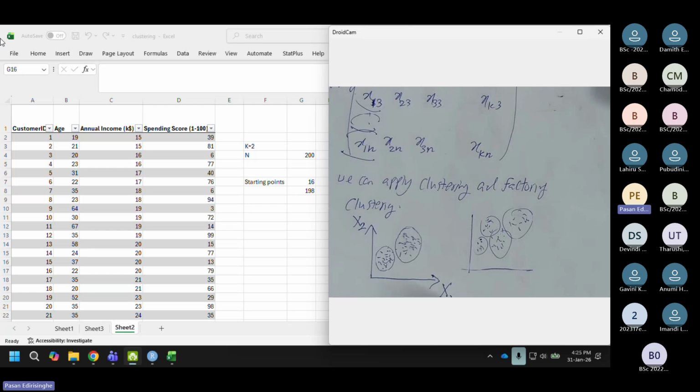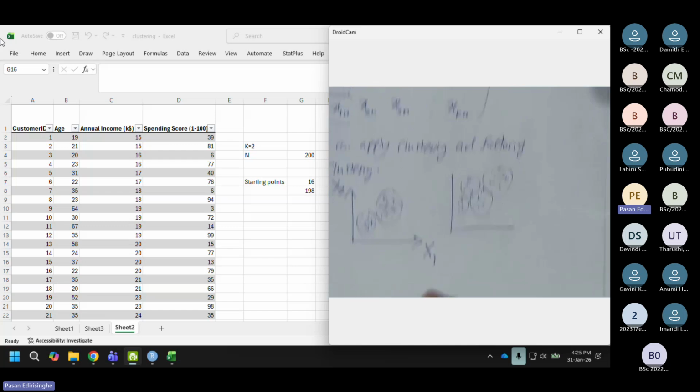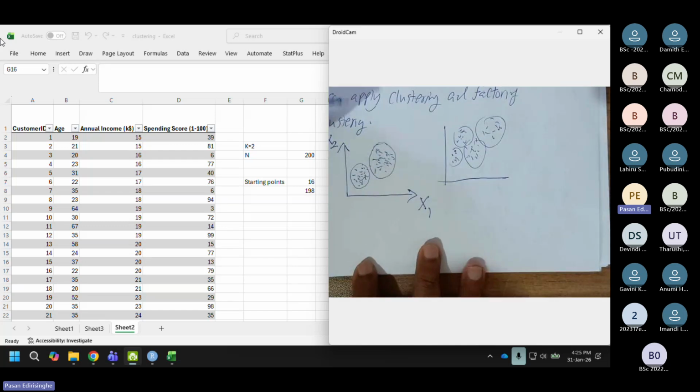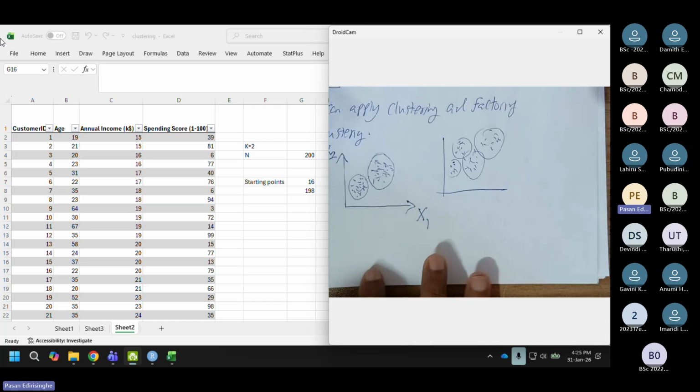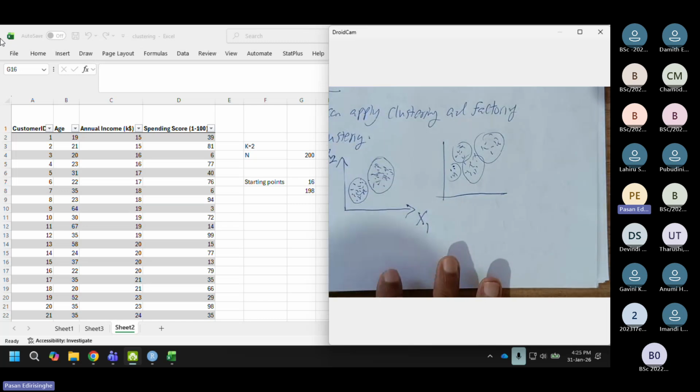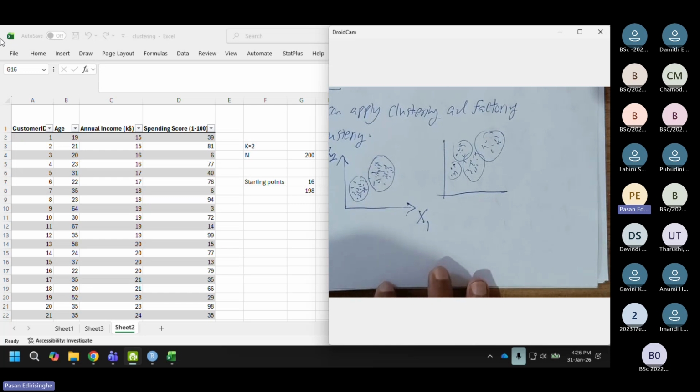The reason I go for clustering is that factoring, of course, is not available in Excel. If you try to go for factor analysis, then definitely you have to go for R or some other software.